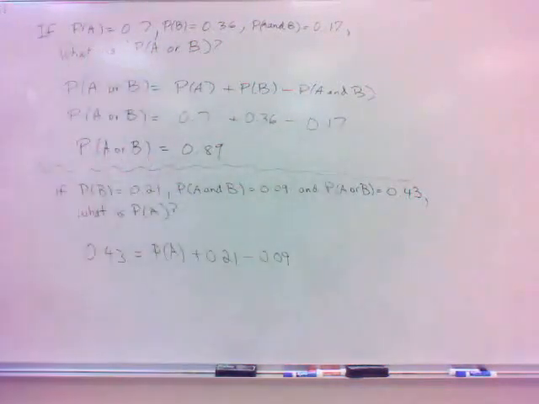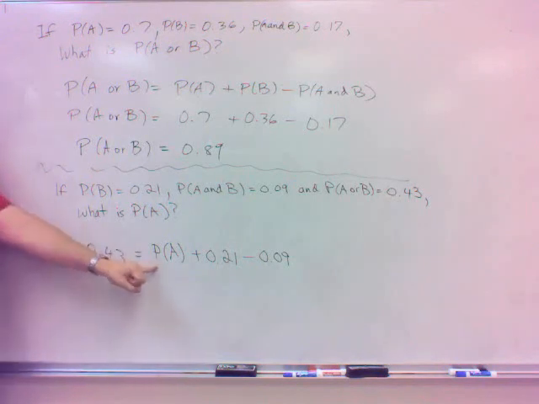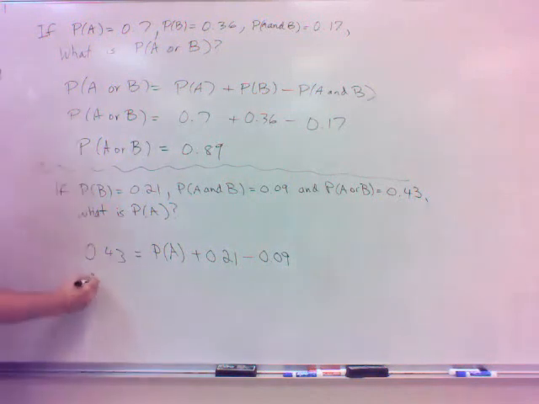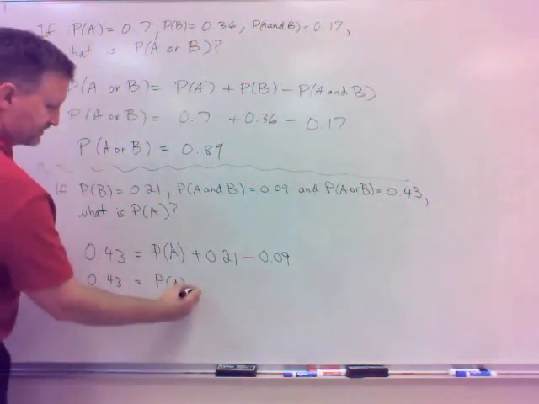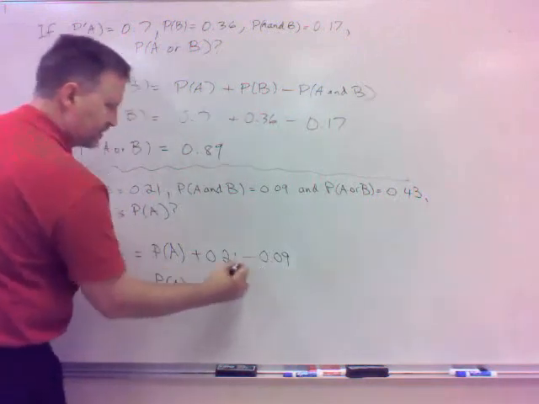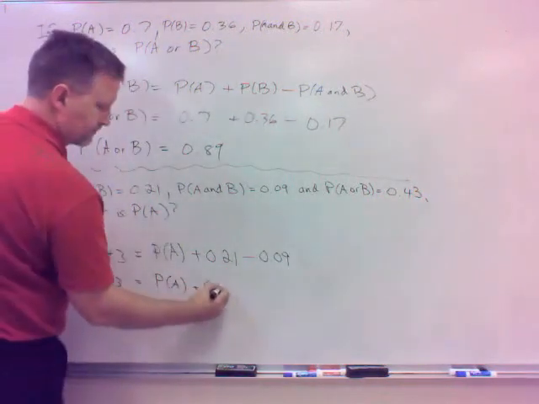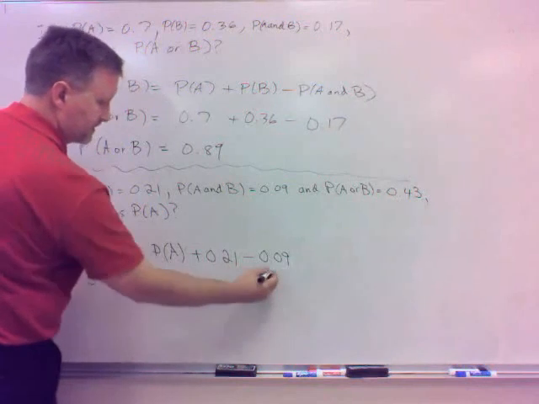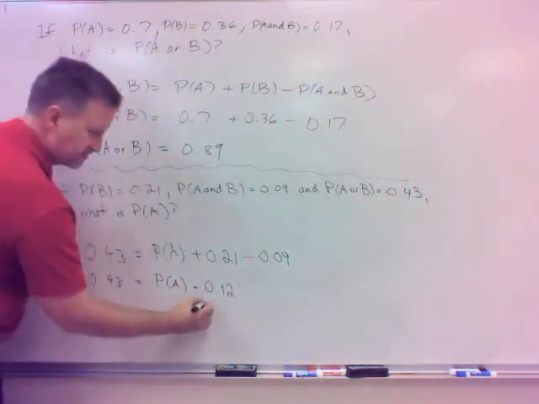This is the way these numbers would get plugged in, wouldn't they? So can I figure out A? Yeah. Just a little problem, isn't it? Let's see, 0.21 minus 0.09 is 0.12, isn't it? Just combine these two to 0.12, and then to get A, just subtract the 0.12.